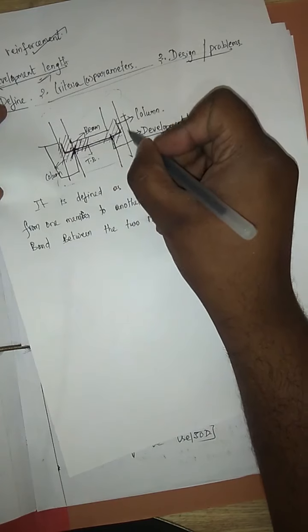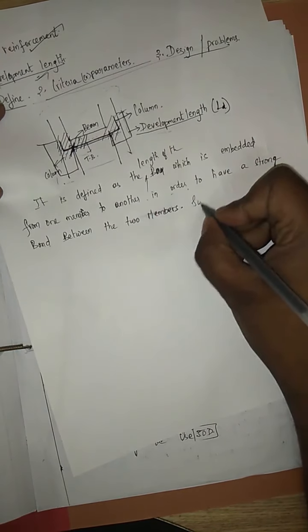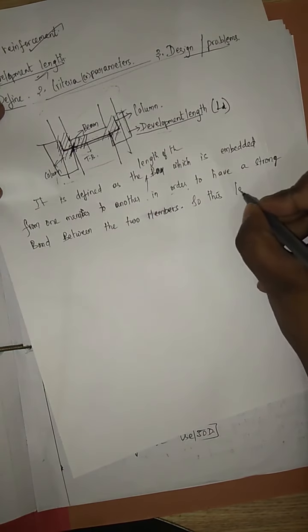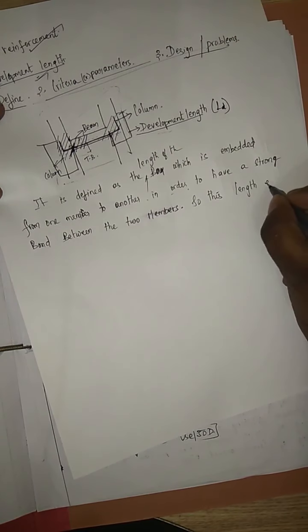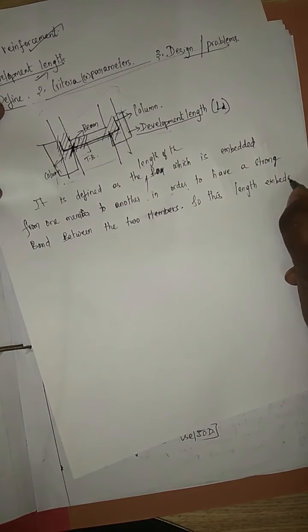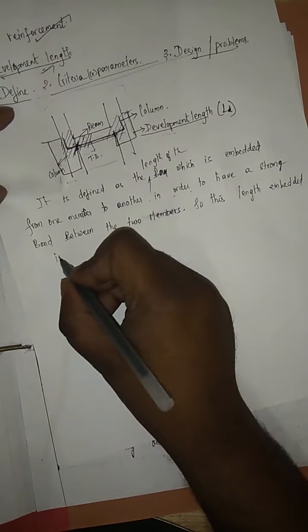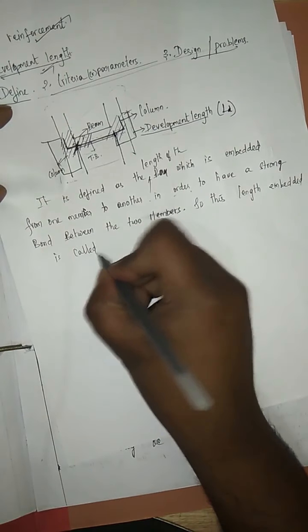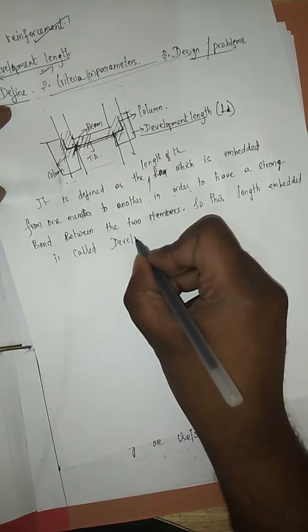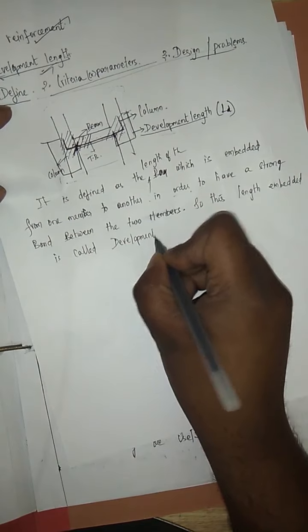This embedded length is called the development length.